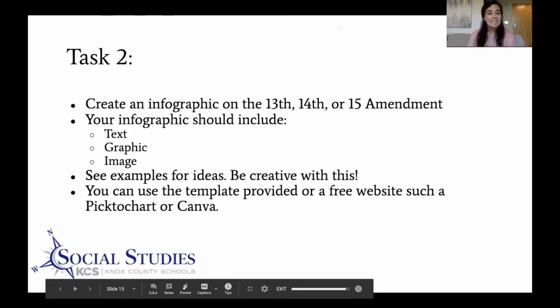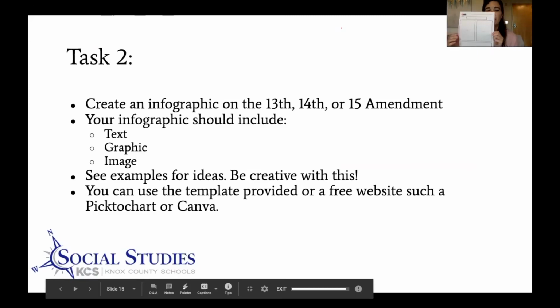So your second task is to create an infographic on the 13th, 14th, or 15th Amendment. Your infographic should include text, graphic, and an image. So I'm about to show you some online examples, but I have included a template if you want to do it on paper.